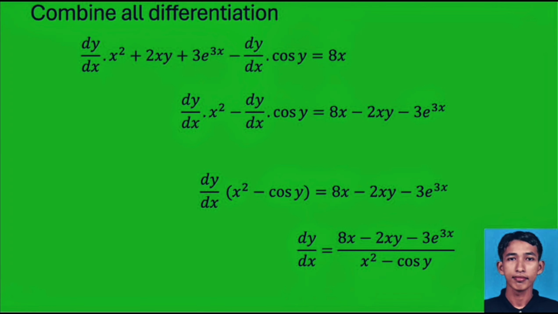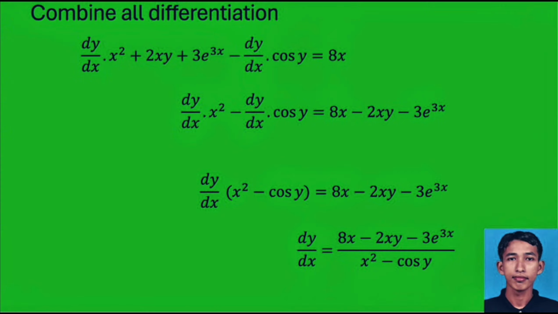Next, we should combine all the derivatives. Dy over dx times x squared plus 2xy plus 3e to the power of 3x minus dy over dx cos y equals 8x.